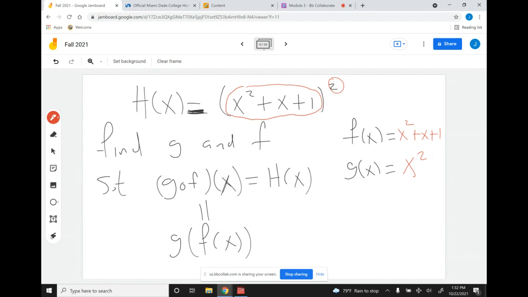And that's it. That's all you have to do. You don't have to solve anything. You don't have to graph anything. You don't need to know what the value of x is. That is it. You found the f and the g such that when you do the composition in this order, you end up with the original h of x. Okay, so that's pretty much it.